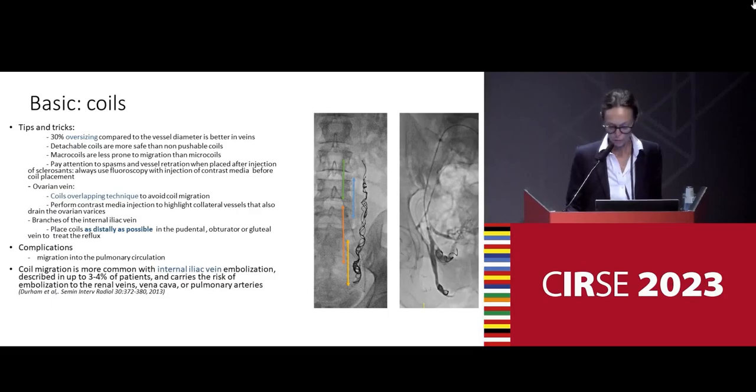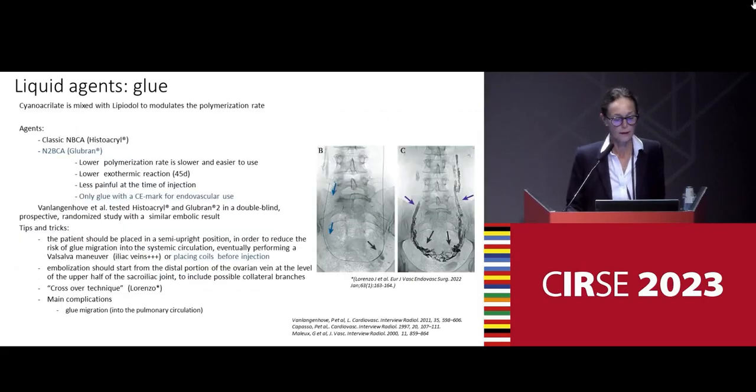Because, as previously said, coil migration is an issue and is more common with internal iliac vein embolization, and described in up to 4% of patients, and carries the risk of embolization in the vena cava and pulmonary arteries.